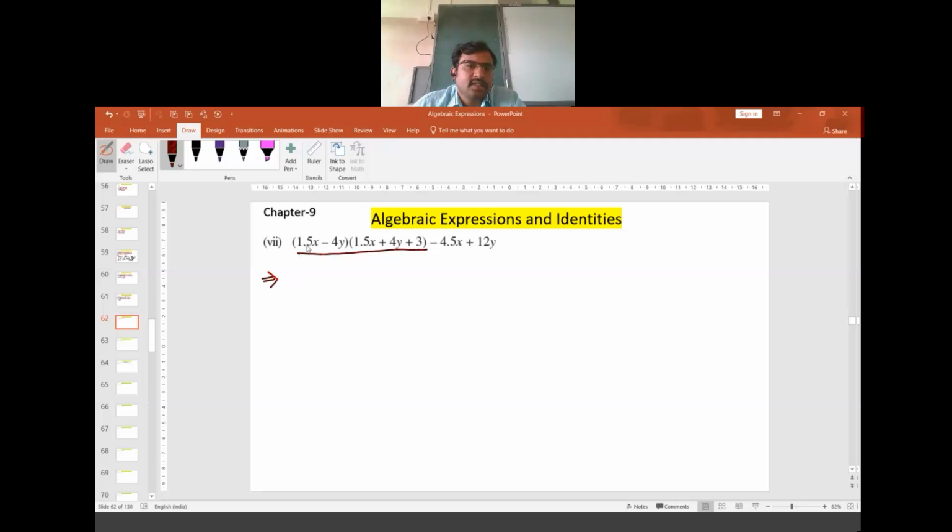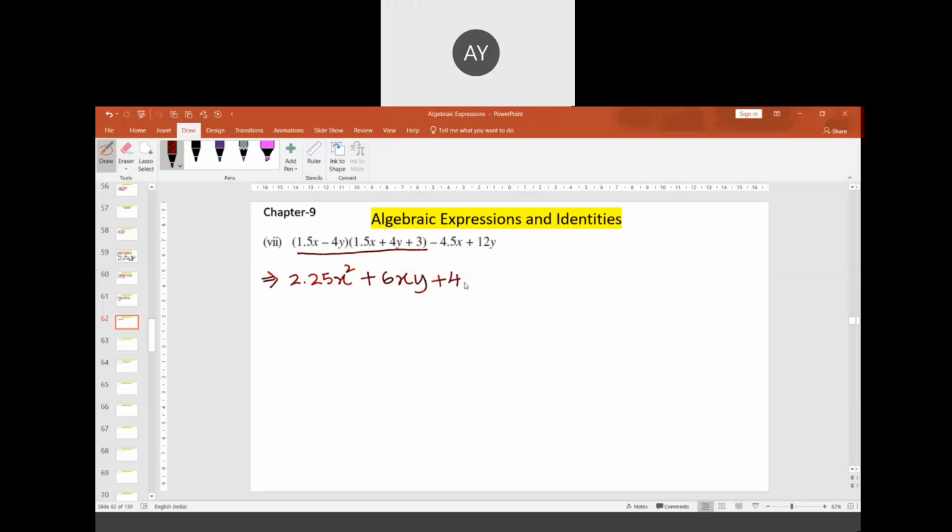If I multiply 1.5x with these terms, 1.5 into 1.5 is 2.25, so 2.25x square. 4 times 1.5 is 6, so it is 6xy. 3 multiplied to 1.5 is 4.5x.